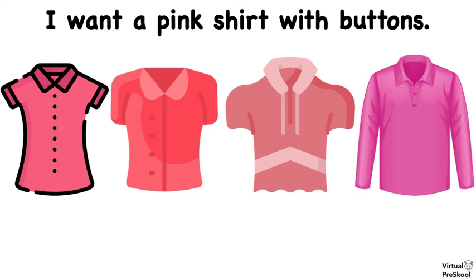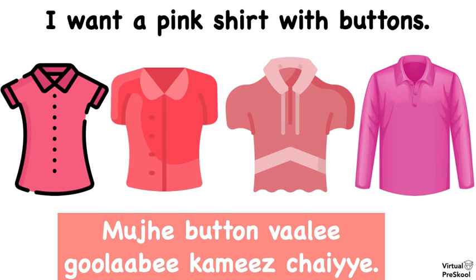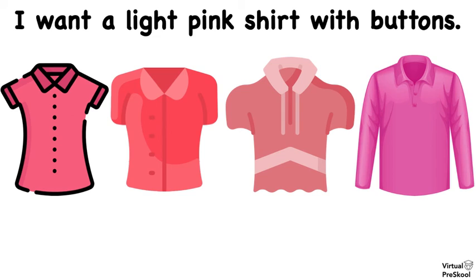Now add a color, pink. I want a pink shirt with buttons. Try saying it out loud. All right, let's look at the answer. मुझे बटन वाली गुलाबी कमीज चाहिए. Now add light and dark.